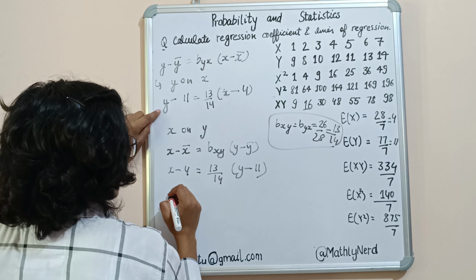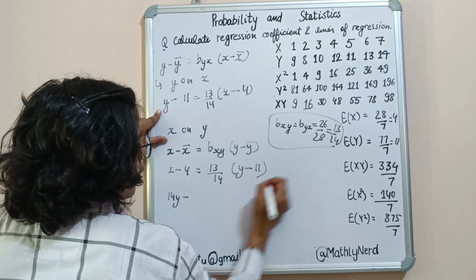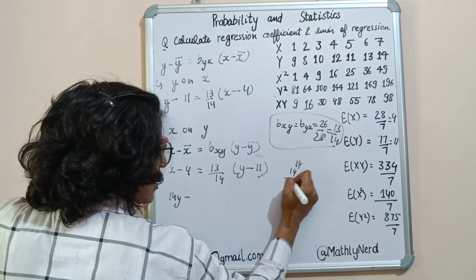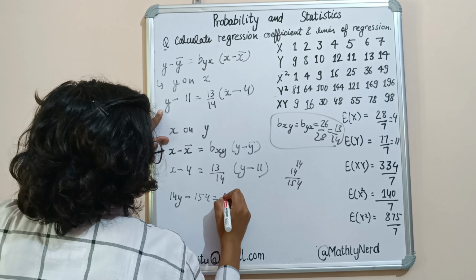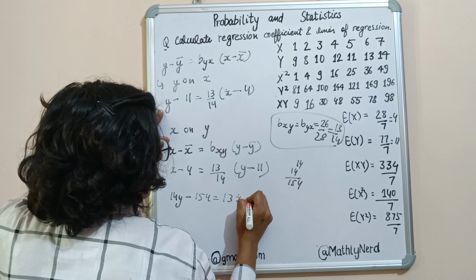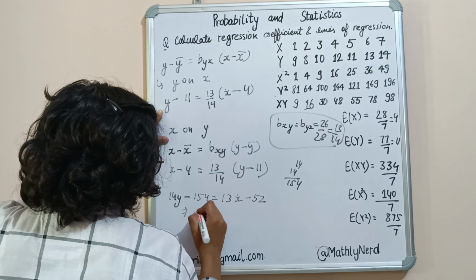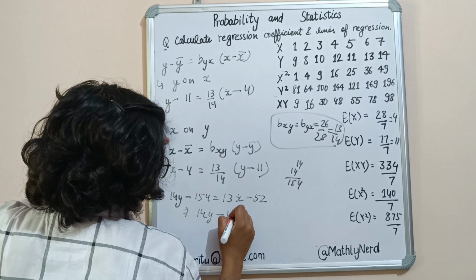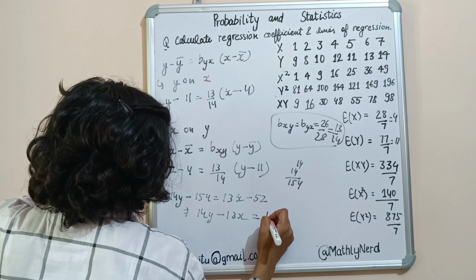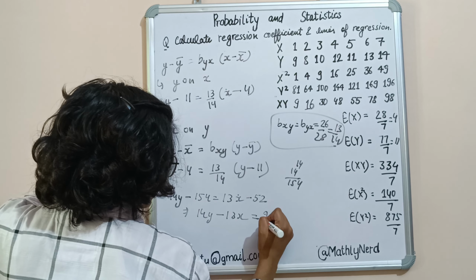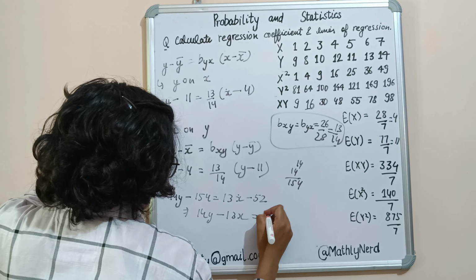That will be, for this, 14y minus 14 times 11, which is 154, equals 13x minus 13 4s are 52. That means 11y minus 13x equals, this will be 102.